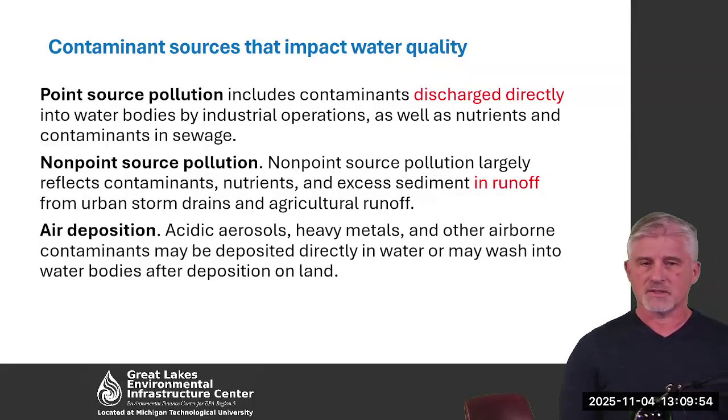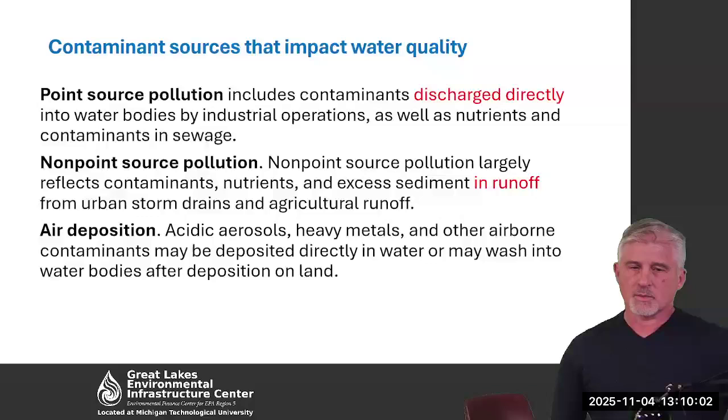The idea behind that was there were particles in the air, and it rained, and those particles were taken up by the rain and then ended up on the ground and ultimately into surface water bodies. And just as an idea, the pH of acid rain typically ranges from 4 to 5 on average. So that's quite a bit different than what we would normally anticipate in a surface water body.